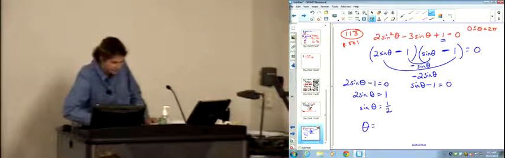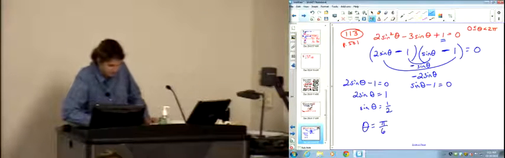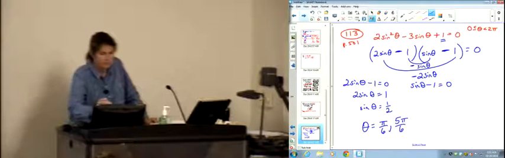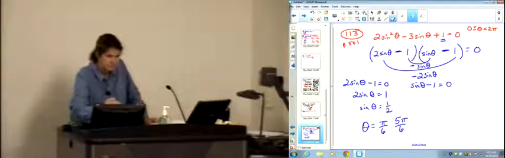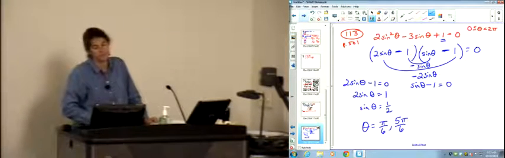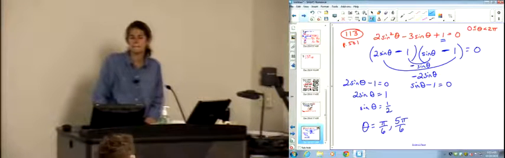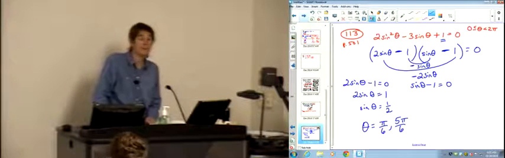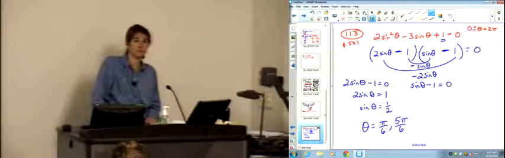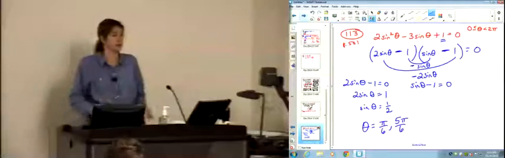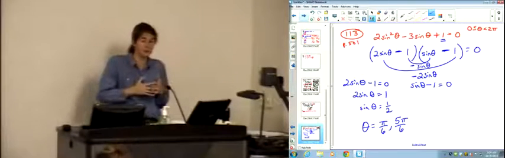There's 1. Anywhere else? 5 pi over 6. Okay. Anywhere else? It would be negative 1/2 there, wouldn't it? The sine would be negative at 7 pi over 6. So this is it for where the sine's equal to 1/2. We just have an angle up in the first and second quadrants there.